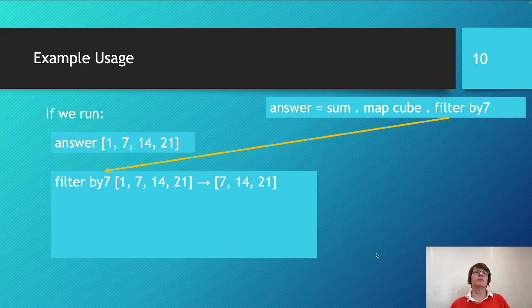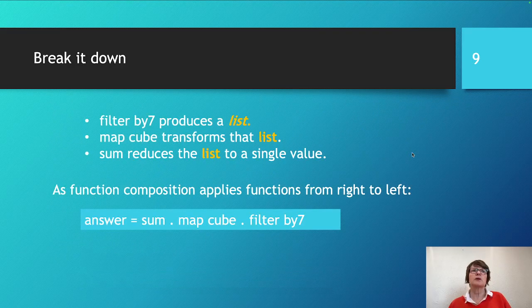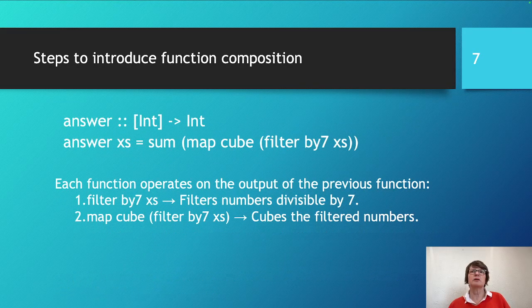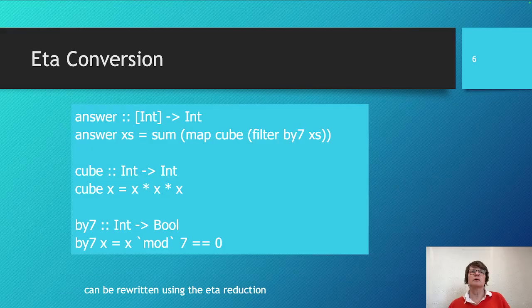So if we run answer, which is this one, filter by 7, that's going to filter by 7. Now remember what filter by 7 was.